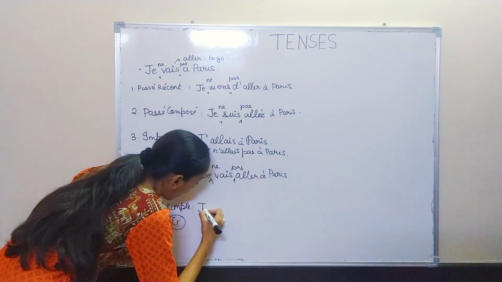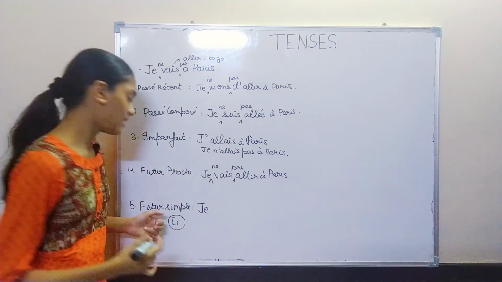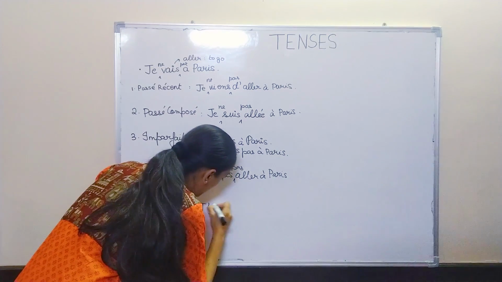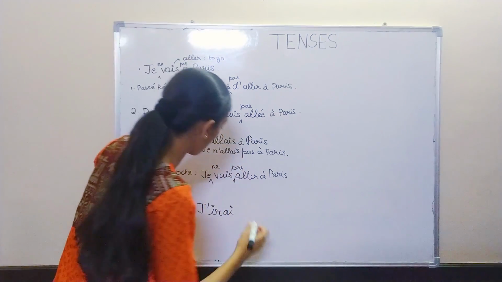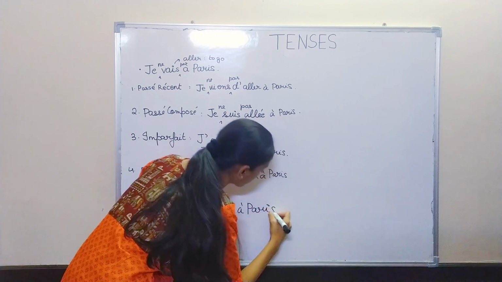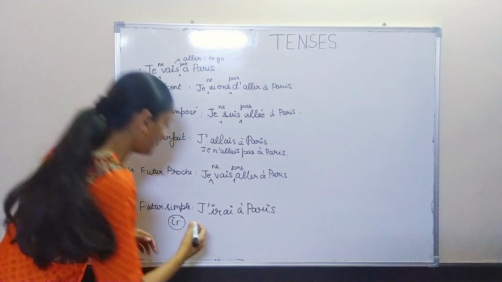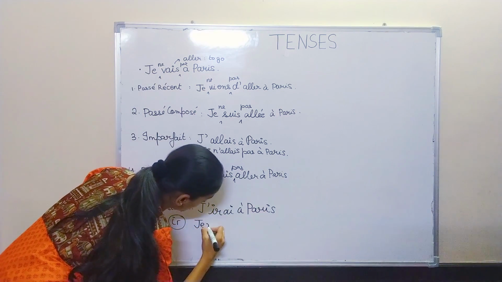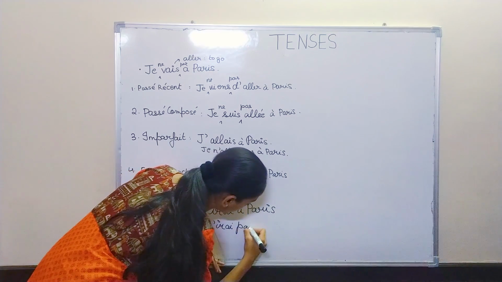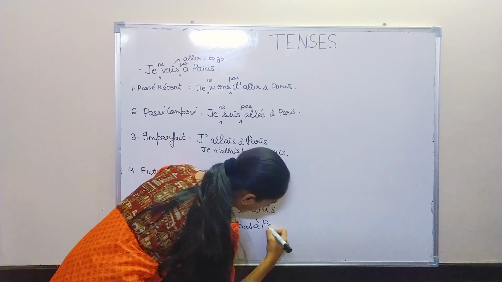So conjugation for avoir for je is AI, so it becomes j'irai à Paris. And if you want to negate it, je n'irai pas à Paris.